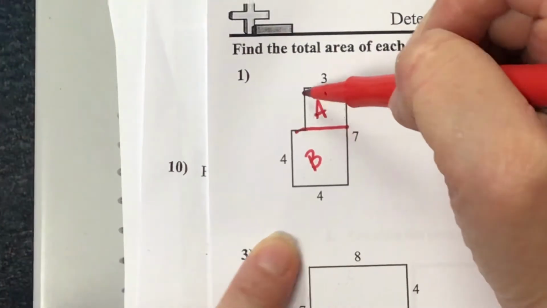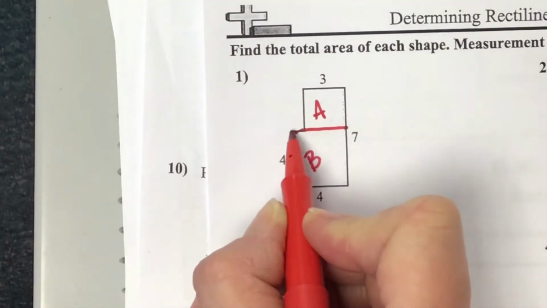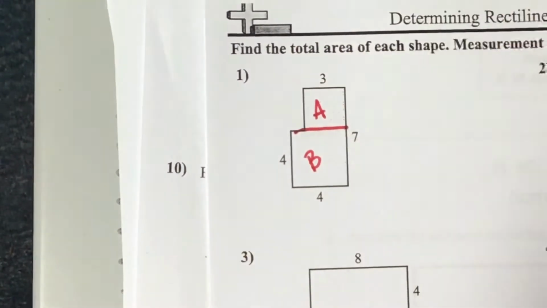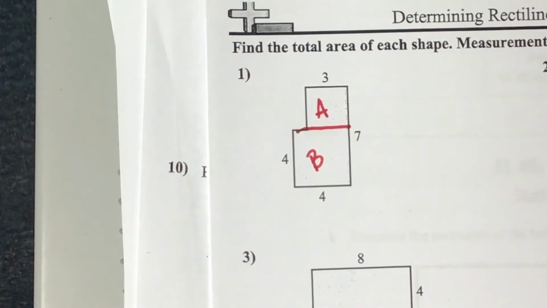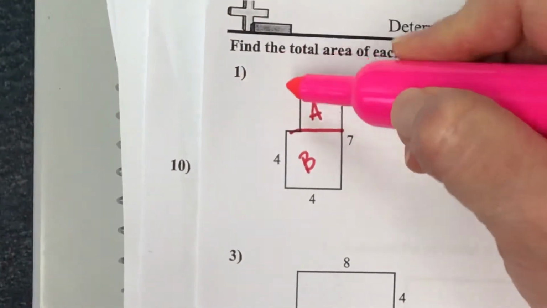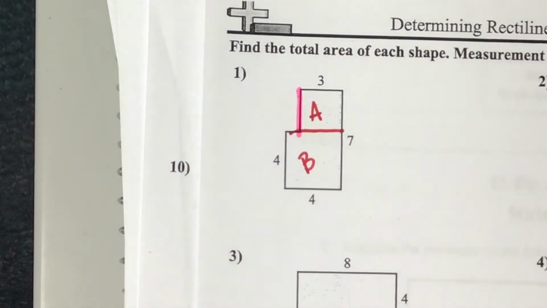So here's a side that we don't know the length of. And here's one that we don't know the length of, right? Who can tell me what is the length of this side? What is this length? How long is that side?